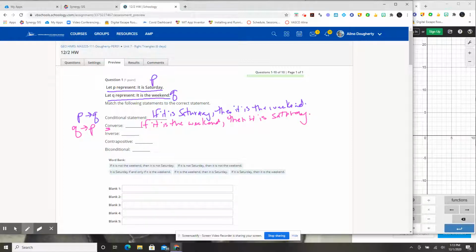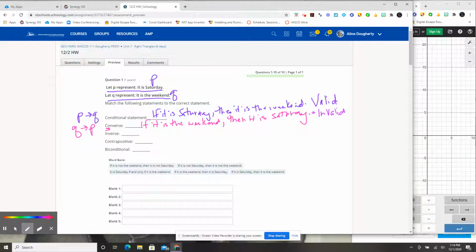All we did was change the order. By the way, PQ is valid. This is a valid conclusion if they are separated. This is an invalid conclusion if they are separated. That converse you cannot do.